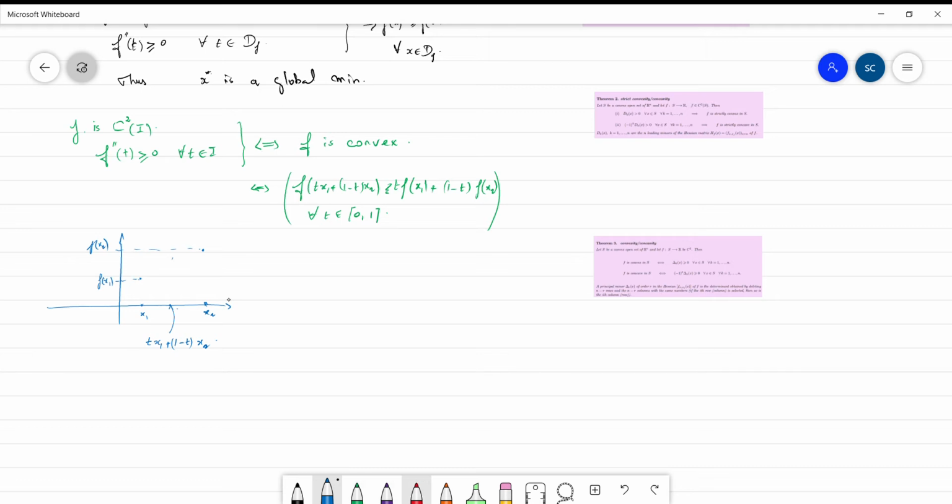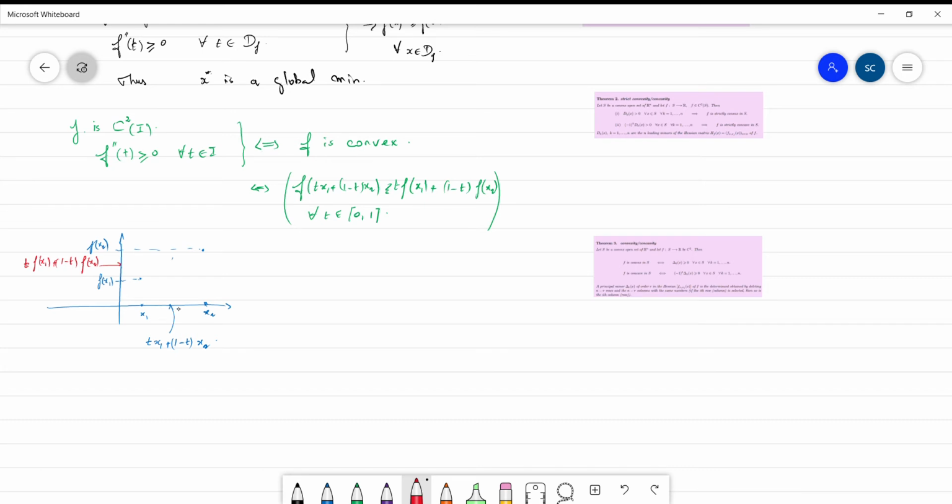Let's use another color. So this one is t f(x1) plus (1 minus t) f(x2). The definition says the value taken by f at these points remains less than this level. Since it's less than this level, it must be somewhere here.